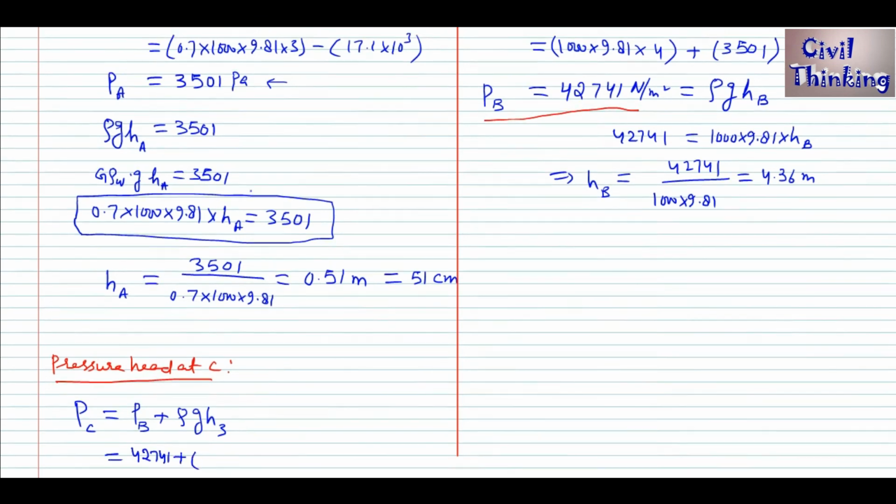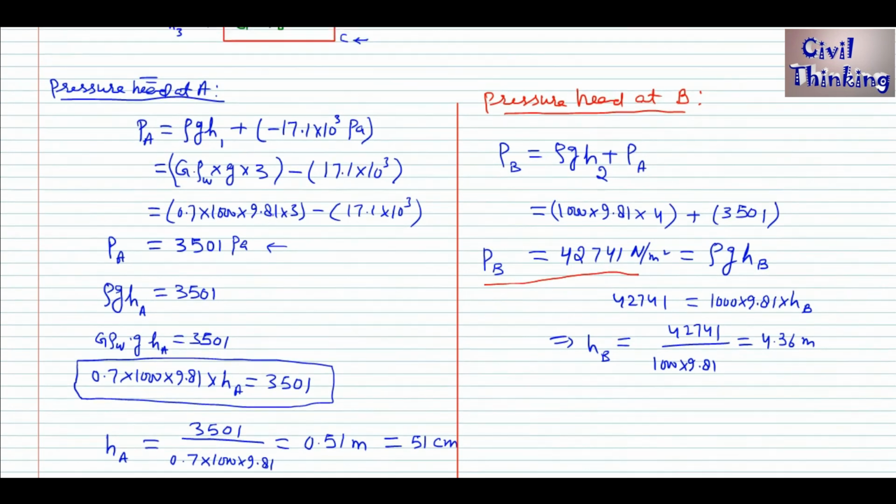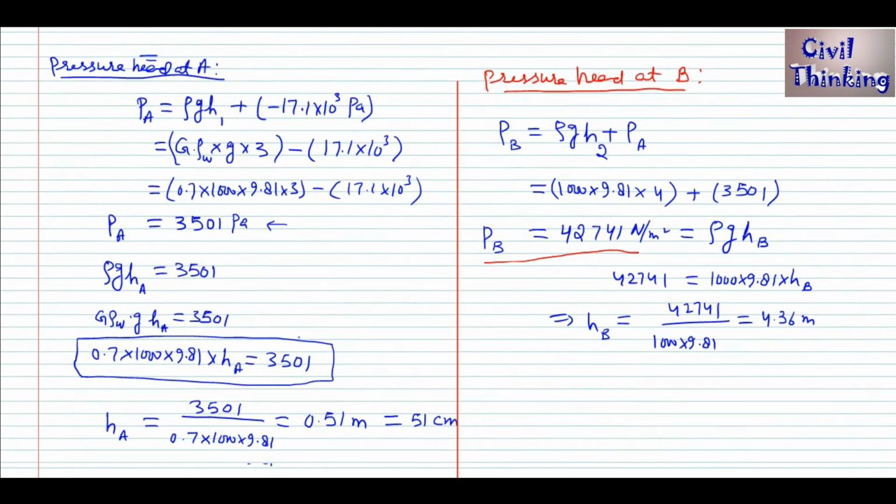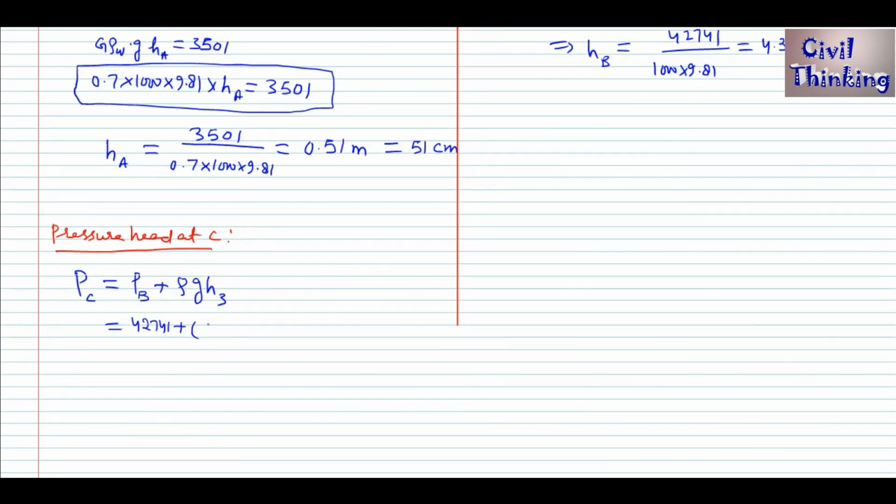This is an unknown material with specific gravity 1.6, so the density is 1.6 times the density of water, times G, times H3. This is 42741 plus 1.6 multiplied by 1000 multiplied by 9.81 multiplied by H3.